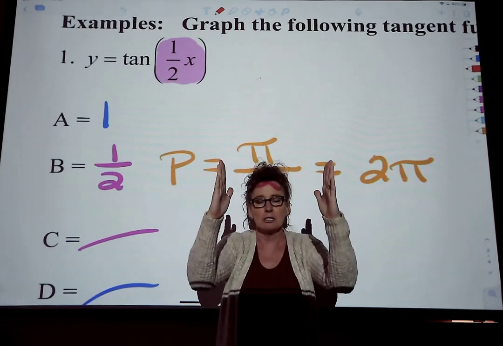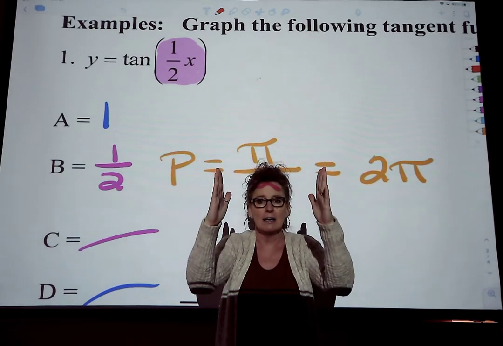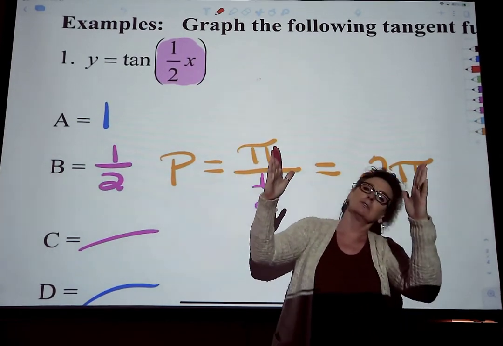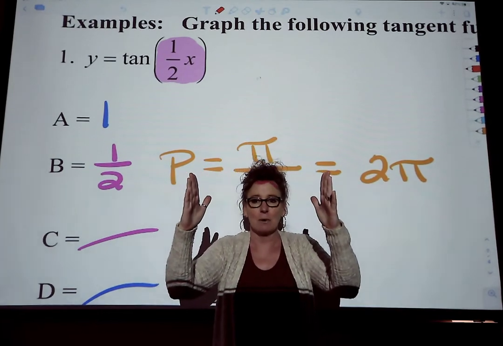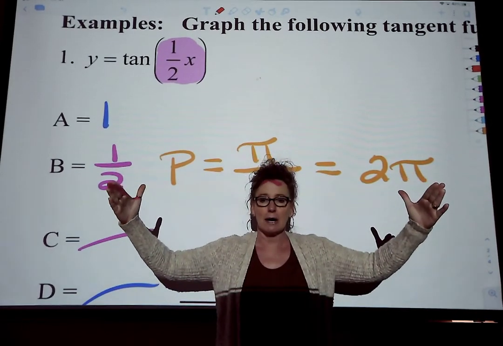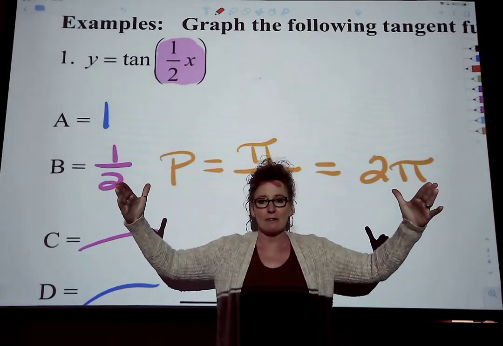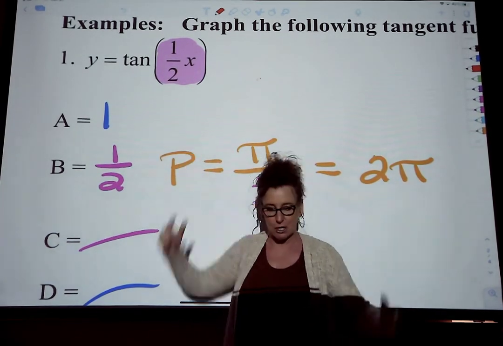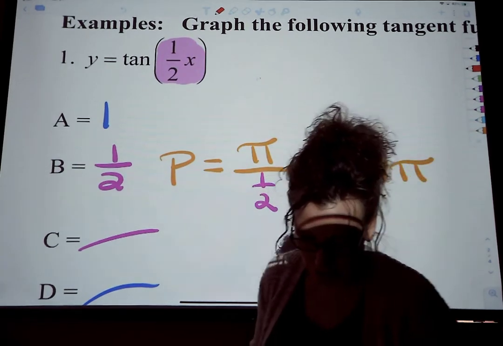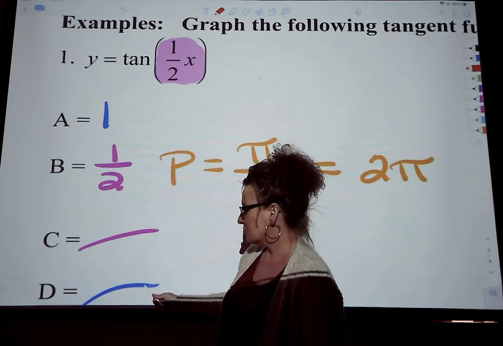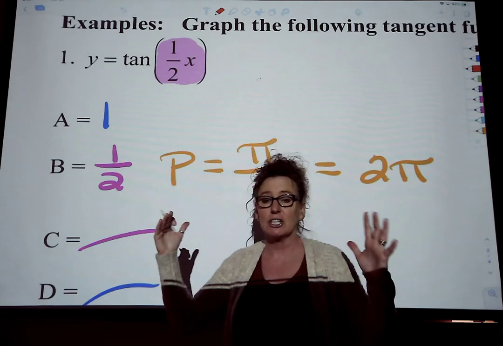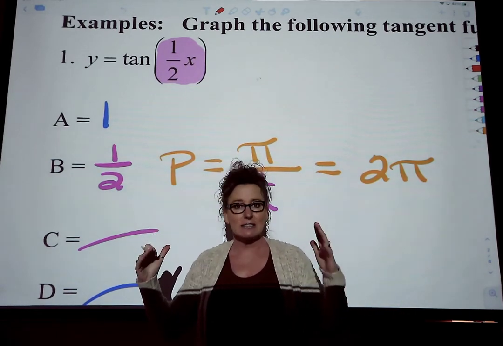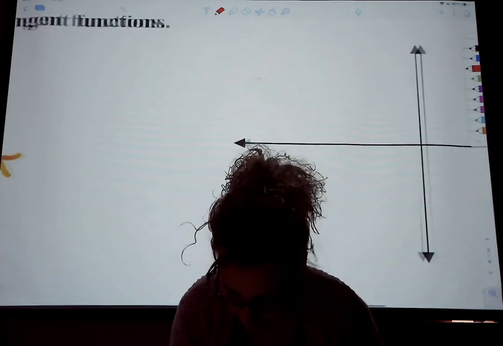So where your asymptotes normally have a width of pi, now our asymptotes are going to have a width of 2 pi. So my tangent graph is going to be wider because there's a horizontal stretch going on. Okay, and there's no horizontal shift and there's no vertical shift, so our tangent graph is still centered at the origin.